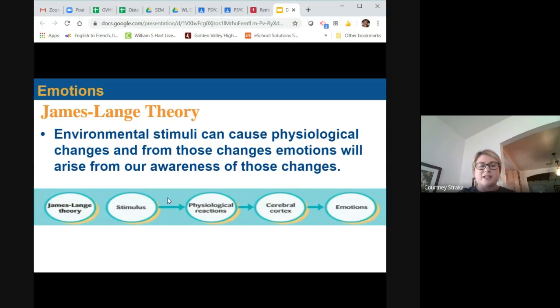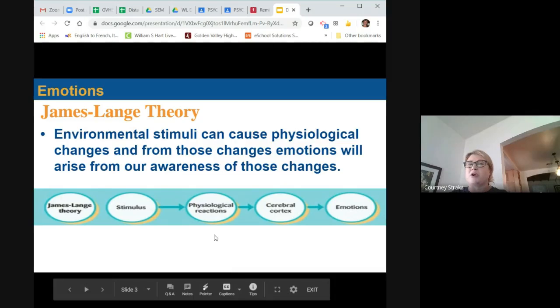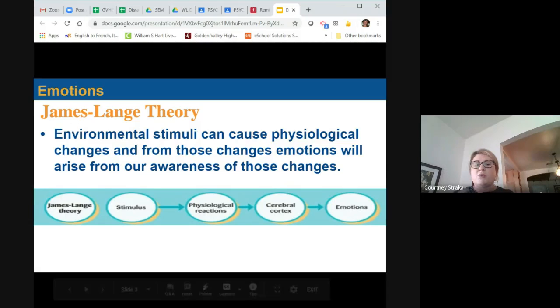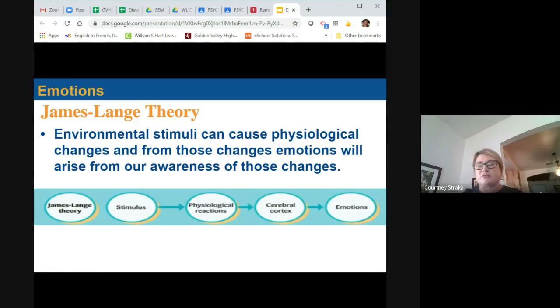Here's what it's saying. Let's say the stimulus is a huge, snarling dog barking and growling at you. That causes a physiological reaction. If you see a big, scary dog barking at you and coming towards you, what might be some physiological reactions you might have? Inside your own body, what could happen?